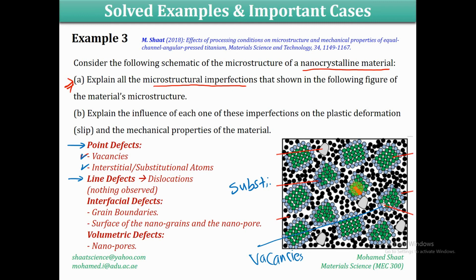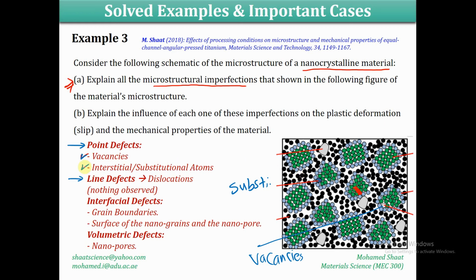So if this thing is squeezed here, we would say that this is a dislocation. But here you probably won't find any specific grain that has a dislocation. Something that we should expect for this nanocrystalline material is that there should be some dislocations existing within these different grains.